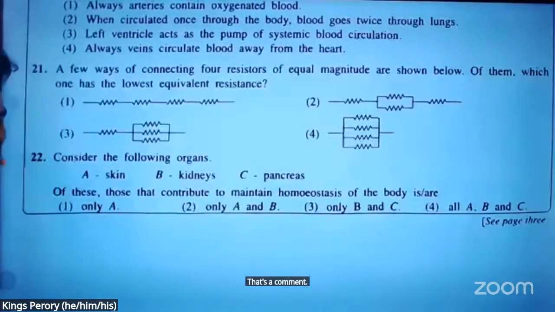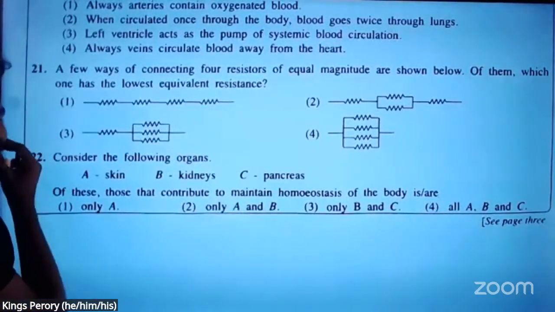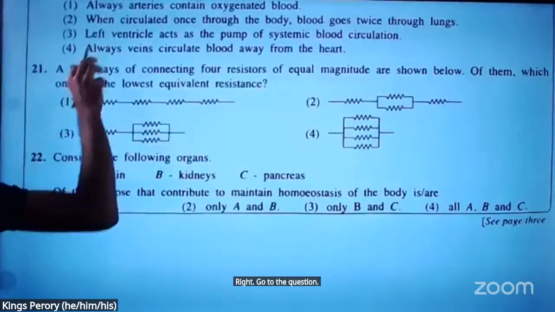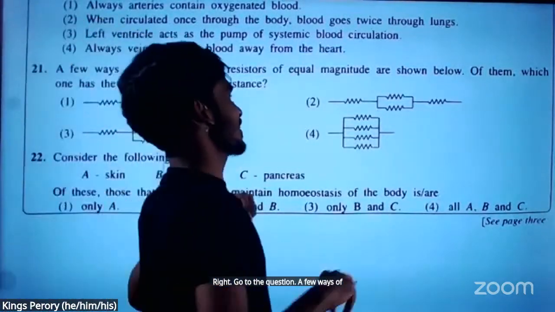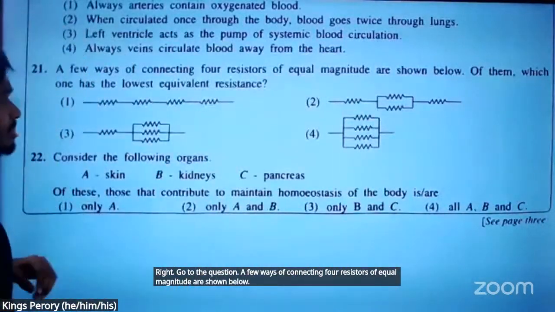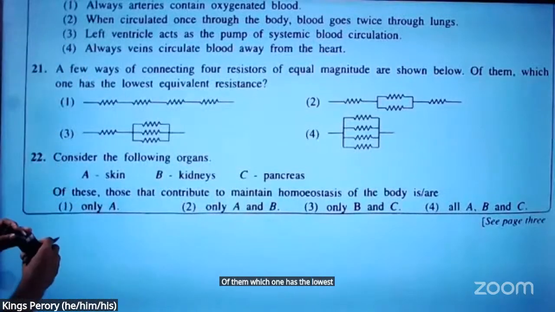Question 21. A few ways of connecting four resistors of equal magnitude are shown below. Of them, which one has the lowest equivalent resistance?